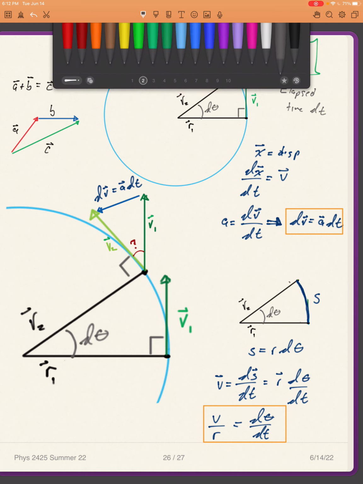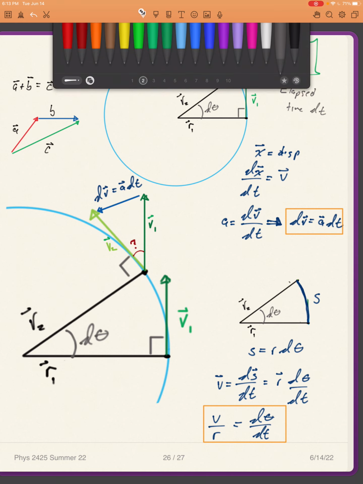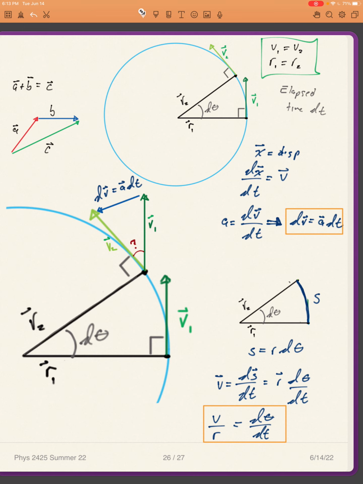Well, let's notice what happens when I just extend this line here. Okay, basically there, so that I have a 90-degree angle right here, just like I have it right here. So that's a 90-degree angle.